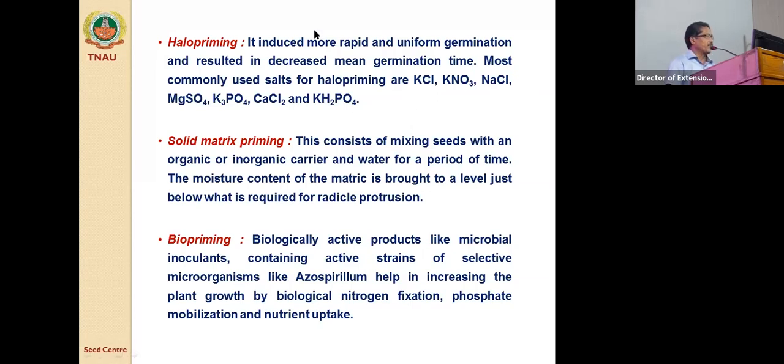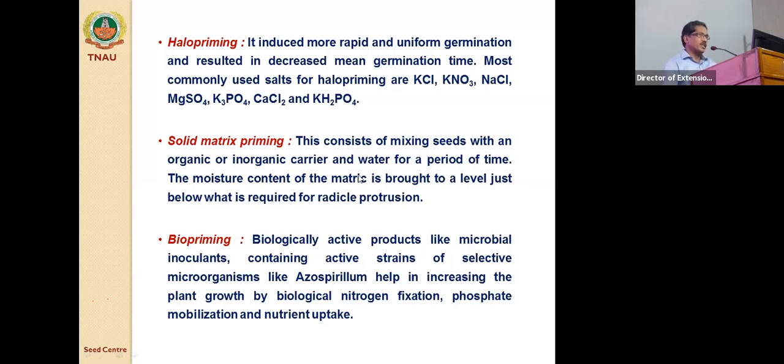That is called halopriming. And solid matrix priming is nothing but again hydrating the seeds in a slow manner, instead of using polyethylene glycol and D-mannitol as in osmopriming. Here we are mixing some inert material or inert carriers, organic or inorganic, like vermiculite or moist sand and even sometimes soil, which have adequate moisture, which will not permit the seeds to germinate.